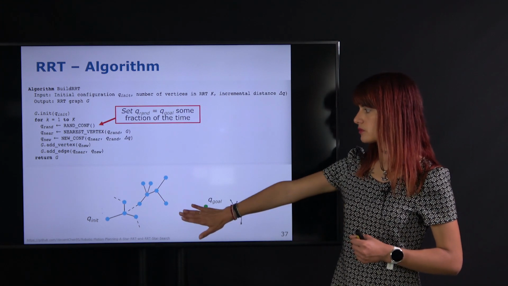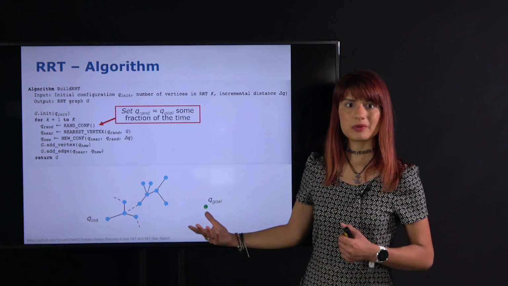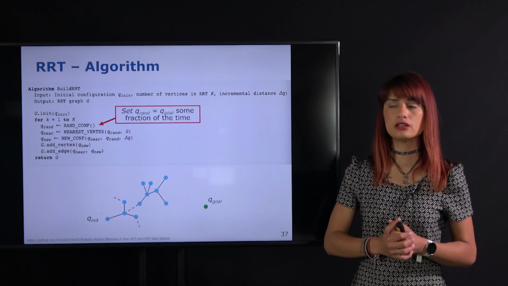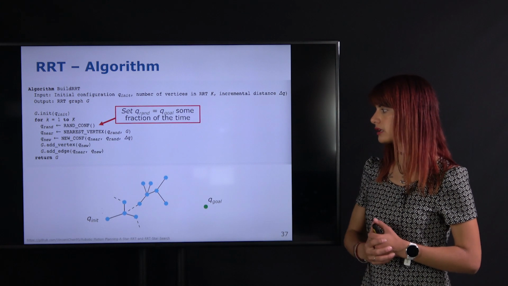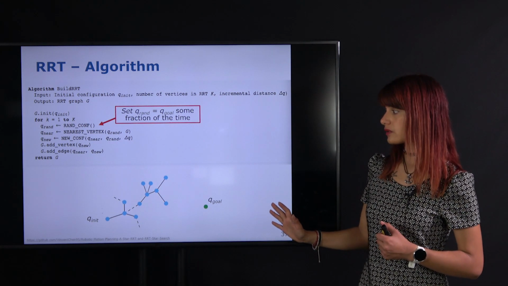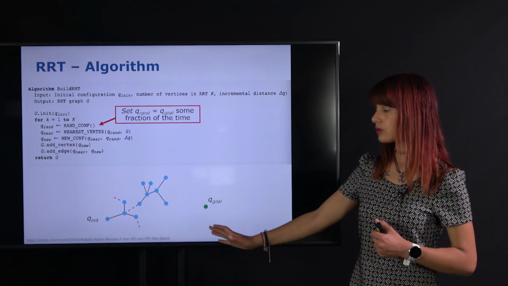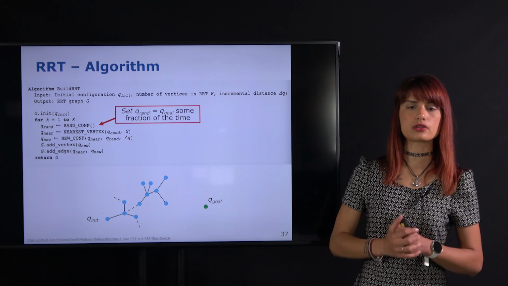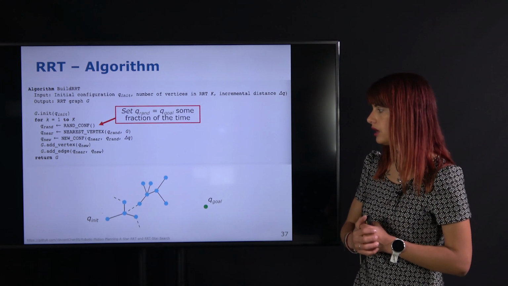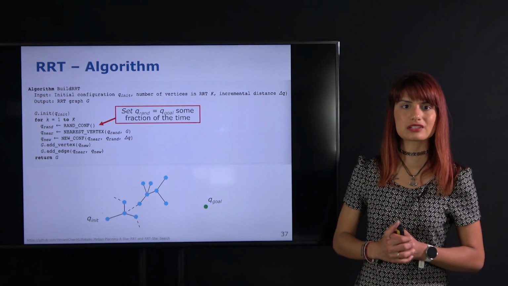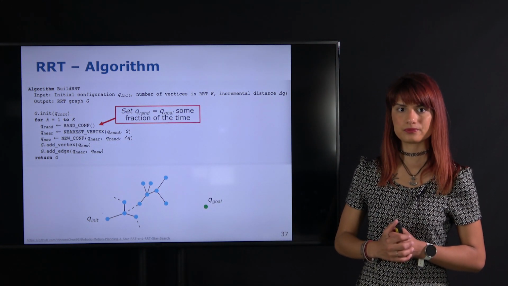And the reason why we don't do this all the time, again, is because otherwise we would have a completely greedy strategy where the tree is always checking in the direction towards the goal, and thus it will quite likely get stuck in local minima if there is an obstacle in the way, which there usually is, because the vehicle would be very fortunate otherwise to have a simple straight line connection between the start and the goal.